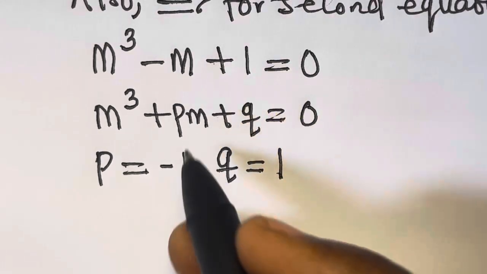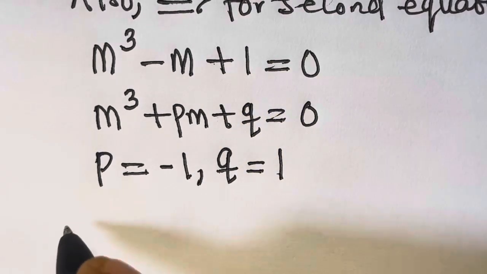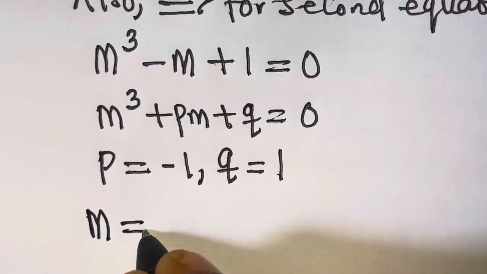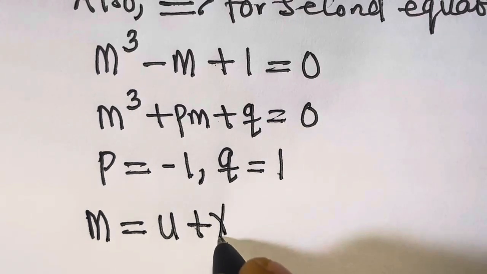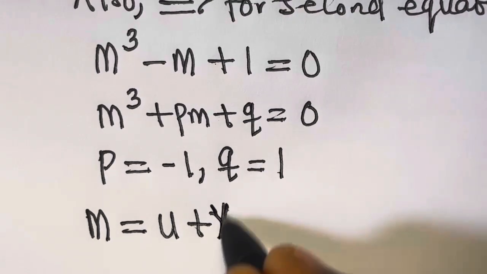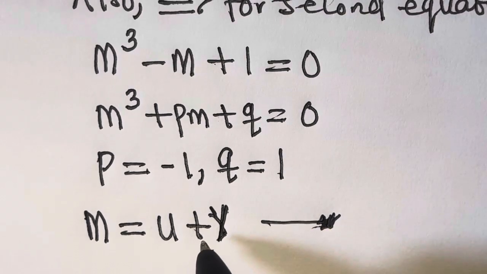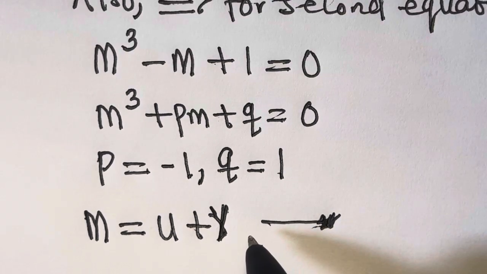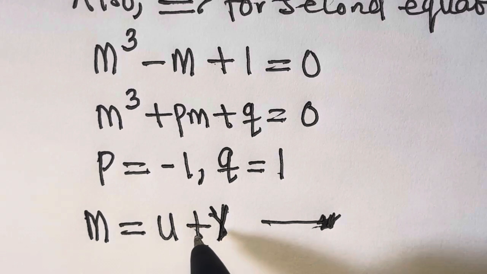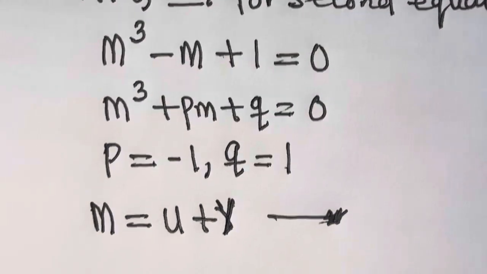So we are going to use m equals u plus v. This is derived from Cardano's formula and used to solve cubic equations like the one we have here.